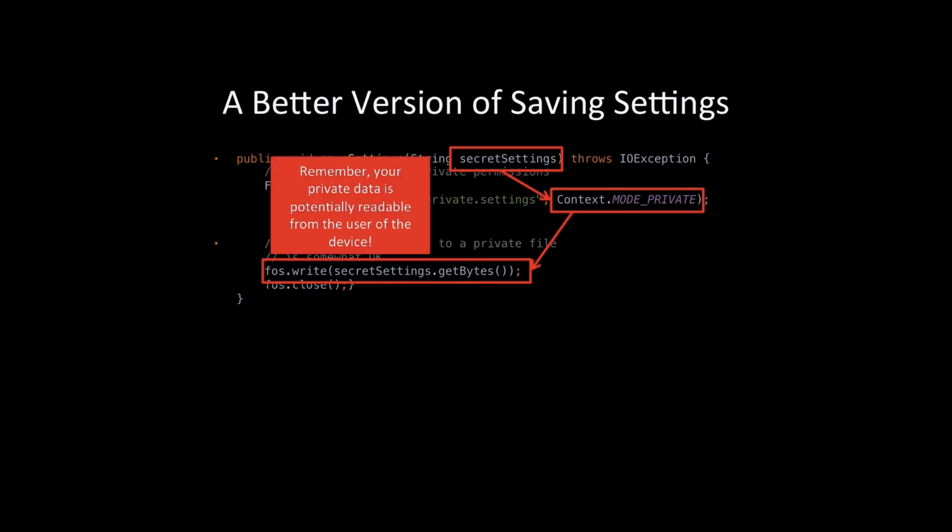But what we do need to remember is that just because data can't be accessed by other apps on the device doesn't mean that it can't be accessed by other users on the device. Just because we're saving data that is not accessible to other apps doesn't mean that the owner or whoever has physical access to the device can't see that data.